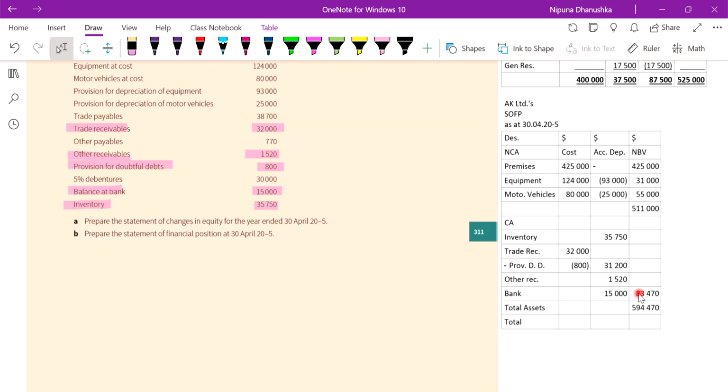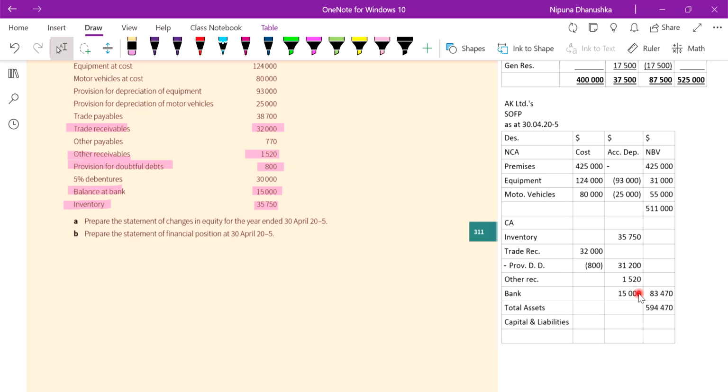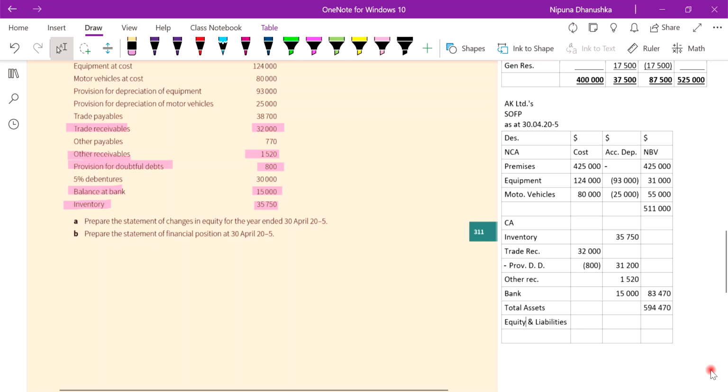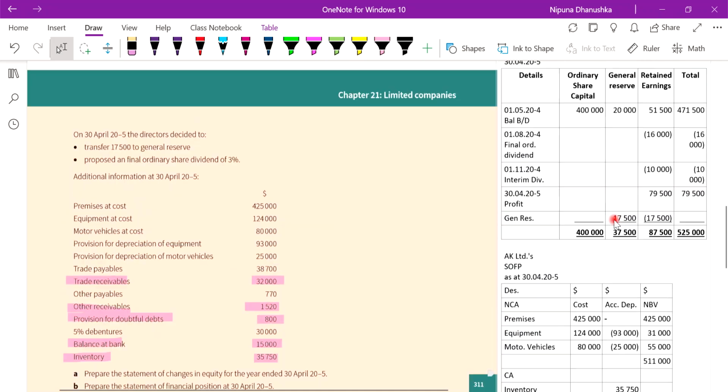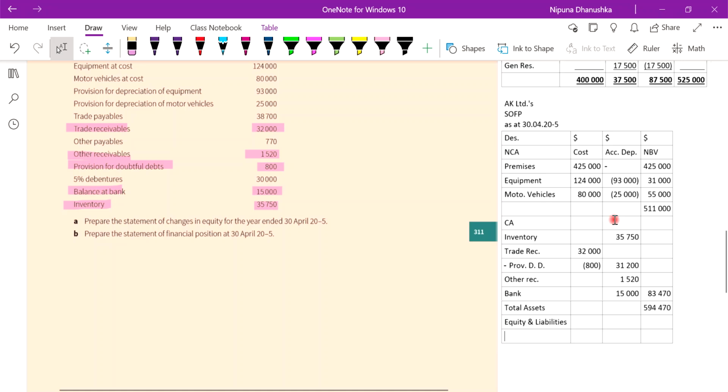And then we move on to the total capital and liabilities, or we can use equity and liabilities. Let's start entering them.